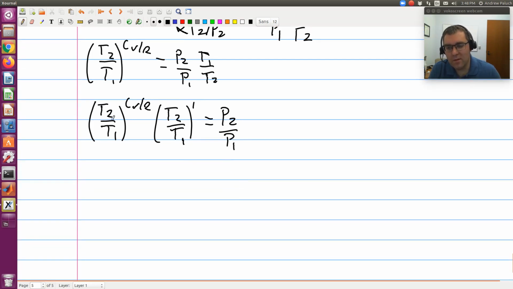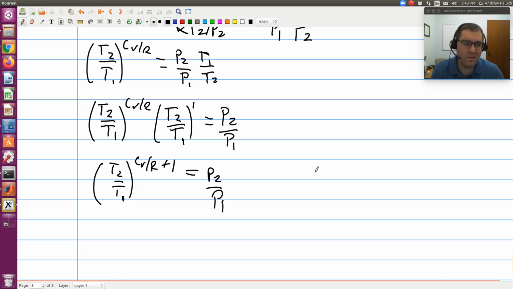I have the same term in parentheses, so I can add the exponents. I get T2 over T1 raised to the CV over R plus 1 is equal to P2 over P1. And then the last simplification is again for an ideal gas.